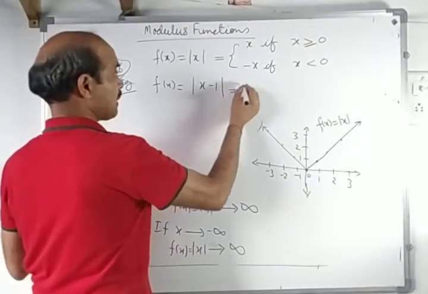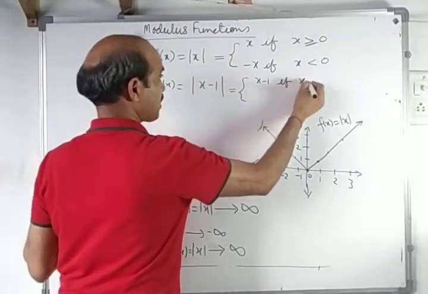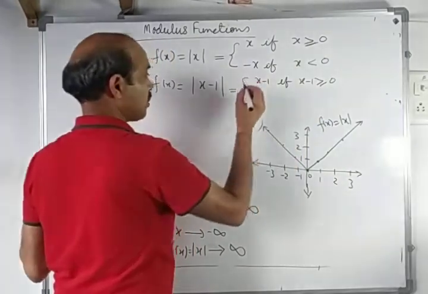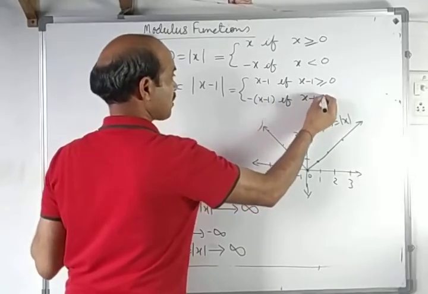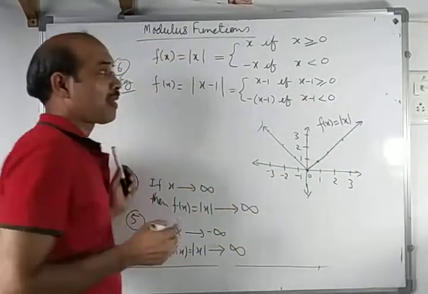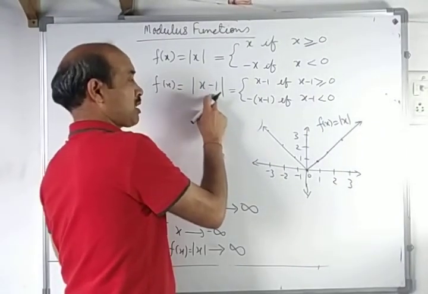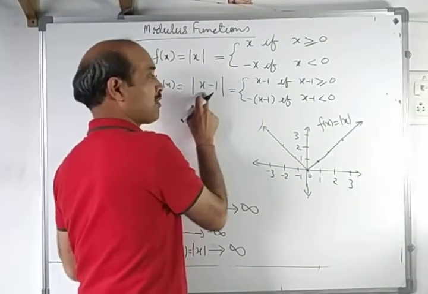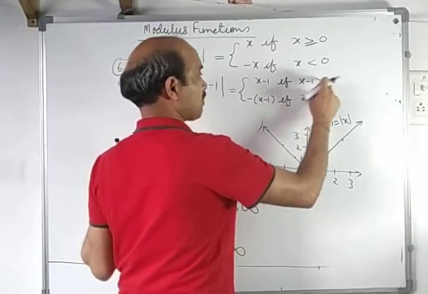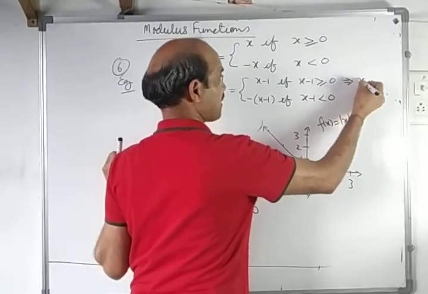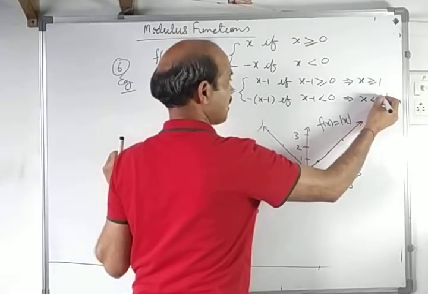We will write x - 1 if x - 1 is greater than or equal to 0, and minus (x - 1) if x - 1 is less than 0. Now this expression x - 1 will be positive when x is greater than 1. x - 1 greater than or equal to 0 implies x greater than or equal to 1, and the other case implies x less than 1.